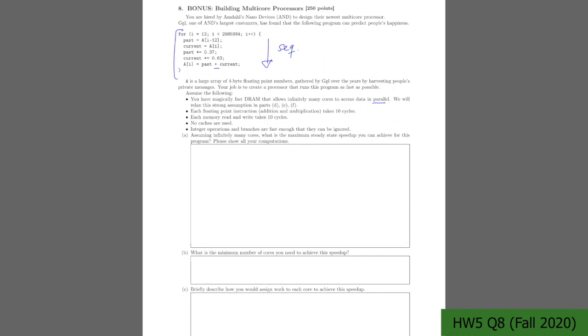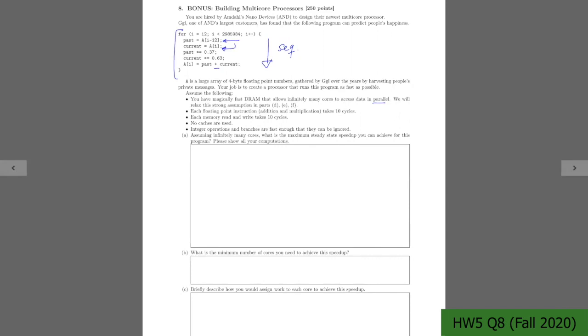The reason is that the i minus 12 term means each iteration requires A[i] from 12 iterations before it. Therefore, there is this data dependency between the first and, let's say, 13th iteration in each group of iterations.